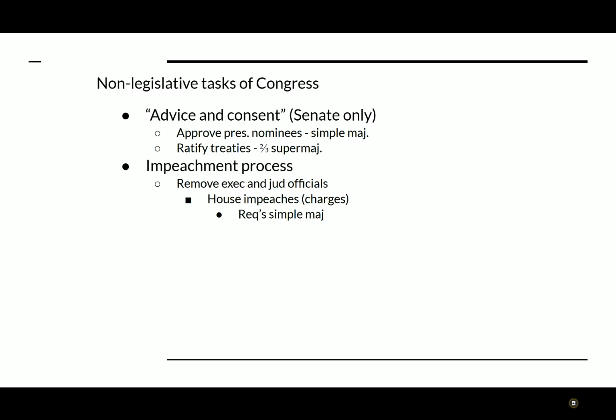And to impeach an official, all that's required in the House is a simple majority vote, which is why we have had 3 impeachments in recent years. Clinton once and Donald Trump twice. And that's as of the end of Donald Trump's first term, and not talking about the second term.